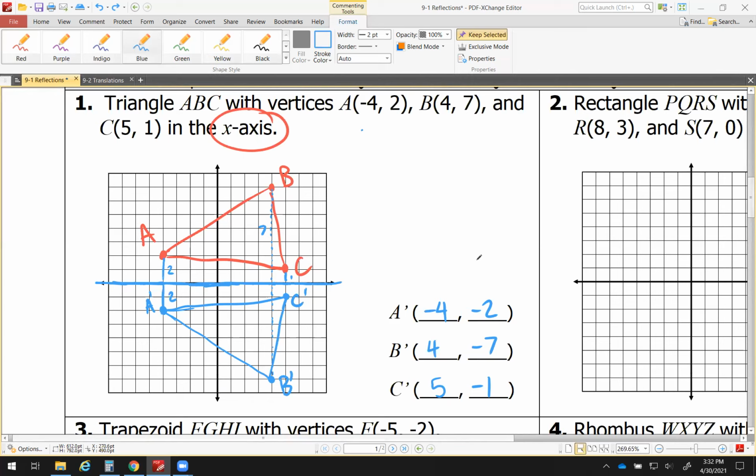And the x values aren't changing because we're not shifting it left or right. We're not reflecting it over the y-axis. The only thing that a flip over the x-axis does is it changes the positives to negatives in the y spot. Okay, so just a neat little shortcut there, if you will.